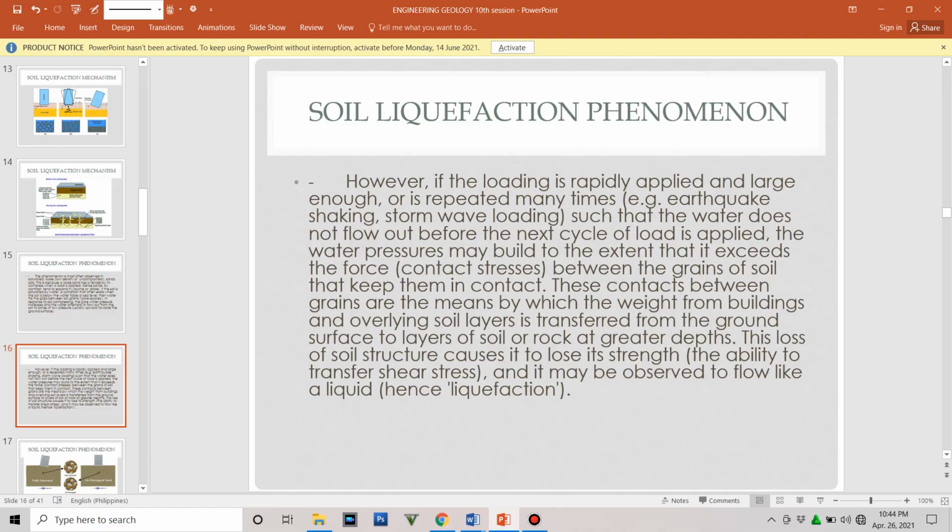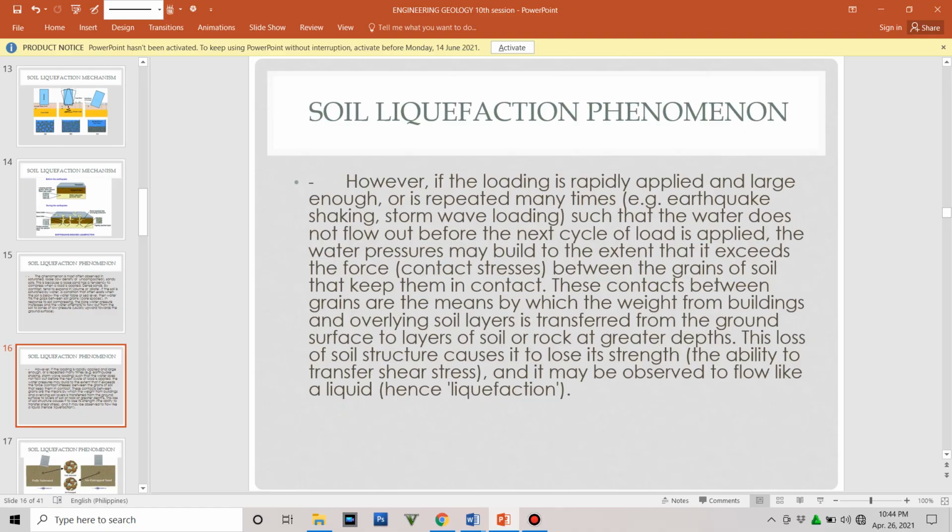And then between 0.074 millimeter up to 4.75 millimeter, that is granular material, or less than 4.75. Okay, that is granular. Yun yung tinatawag na sandy soils. Ngayon, kapag mas malaki na siya sa 4.75, ito na yung gravel, or what we call gravelly soil.